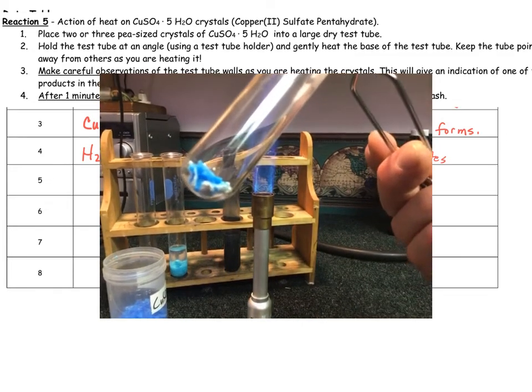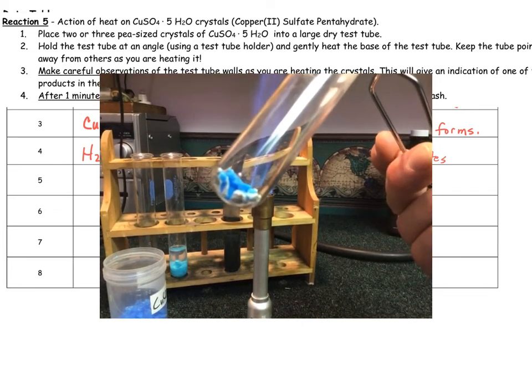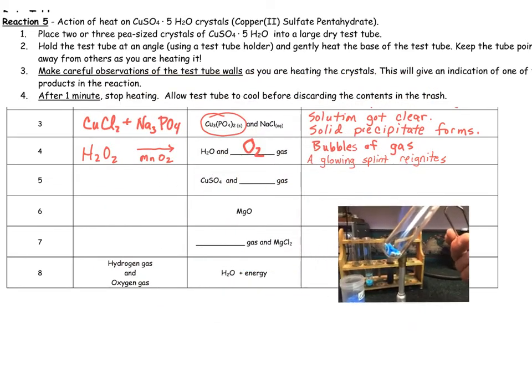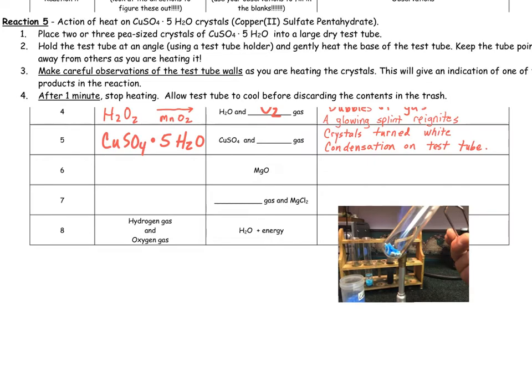And the crystals are turning white. All right, let's record some data. The reactant was CuSO4·5H2O, copper sulfate pentahydrate, and the crystals turned white, and condensation occurred on the test tube.